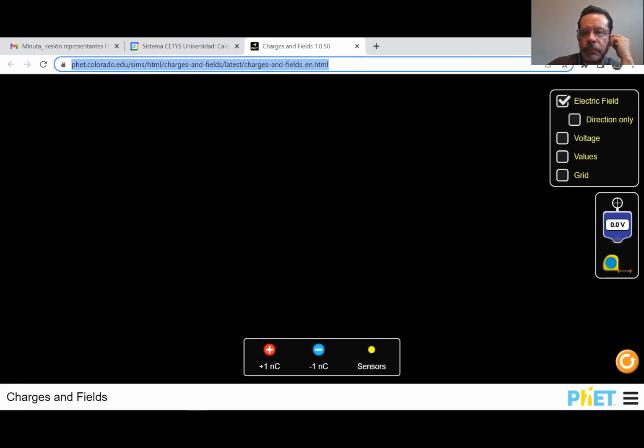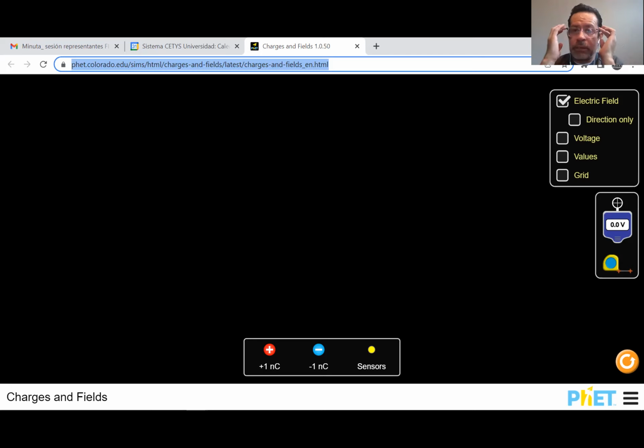Just to identify what we're talking about, in this simulator we can put charges anywhere in this blank space, and we can see how the charges interact. And it's very cool because it's visual. So I'm going to do the following. An electrical charge generates what's called an electrical field.